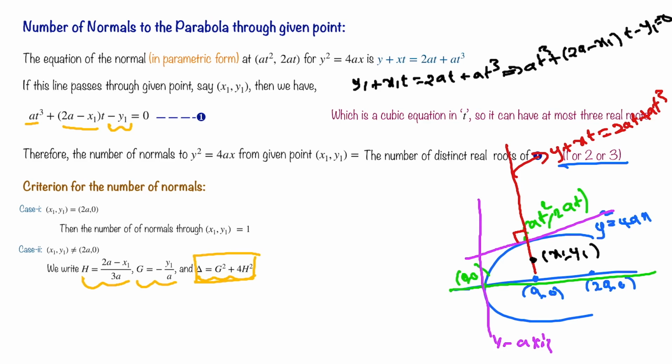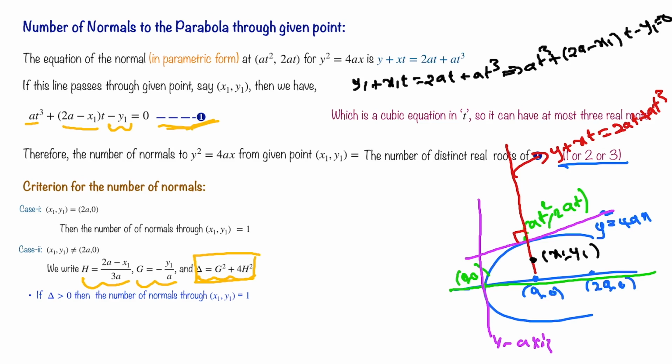Now there is a criterion for the number of distinct real roots of this cubic equation in terms of the sign of this delta. First, if delta is positive, then the number of normals through (x1, y1) is 1, because the number of distinct real roots for this cubic equation is going to be 1.